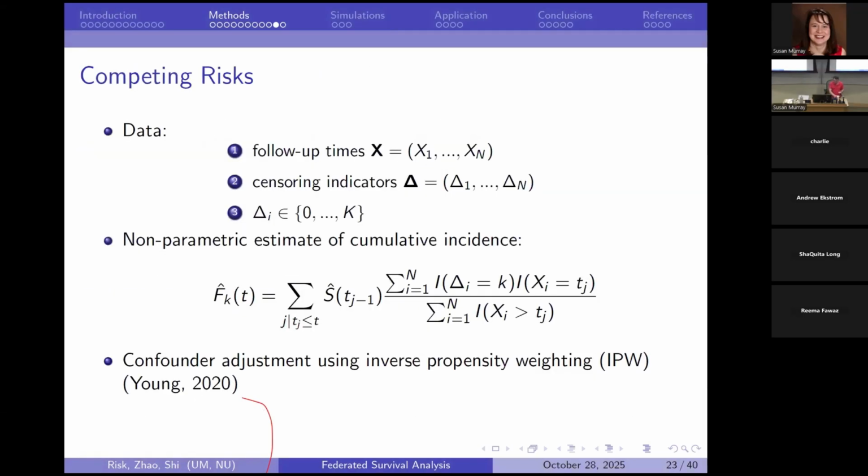Okay, so one more thing I want to mention. So that was kind of the first chapter of my dissertation. In the second chapter, we talk a bit about competing risks. So competing risks is just the same as ordinary survival, but it's when we have people experiencing events, infection or death due to multiple causes.